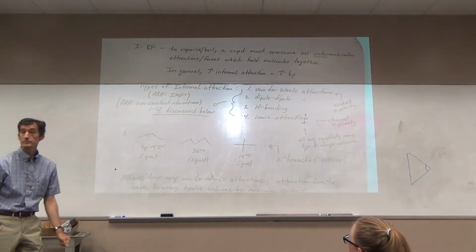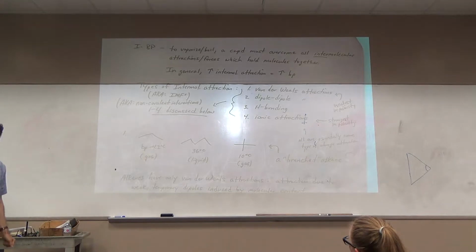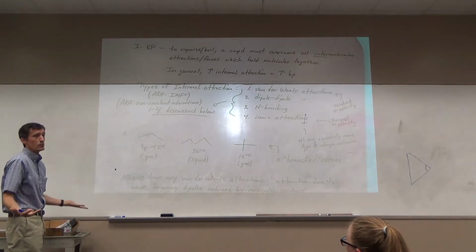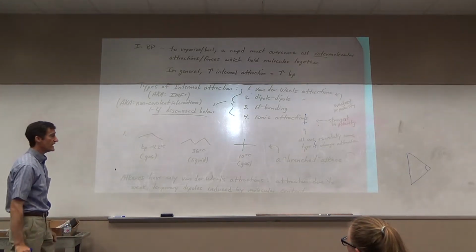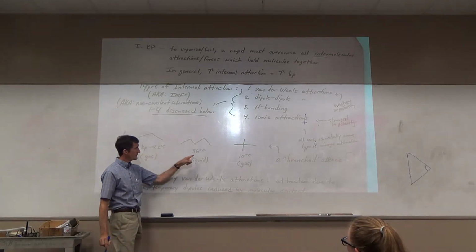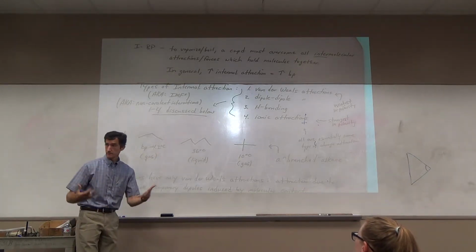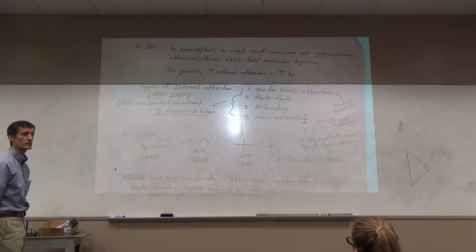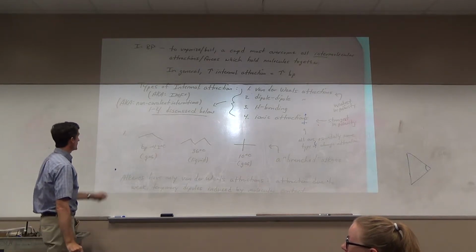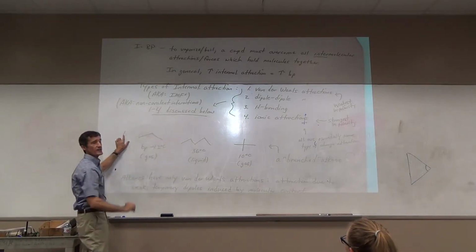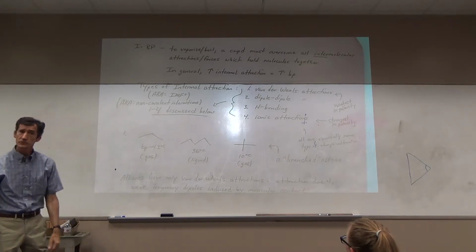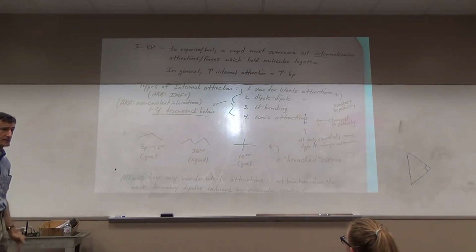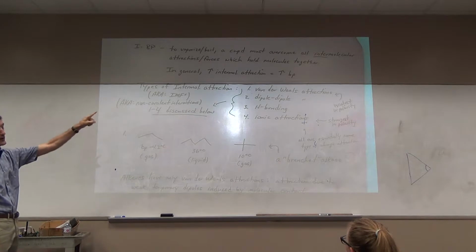That's the starting point. But now let's explain that further. What does it have more of? We know it's got more IMFs, because more IMFs lead to a higher boiling point. But what does it have? Well, we're doing number 1, so you could say it has more van der Waals attractions, and you would be right, because you know how this is laid out. It's more van der Waals attractions, right?